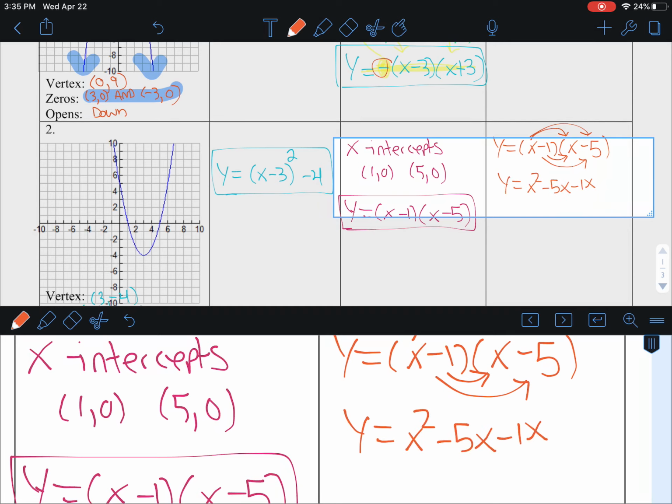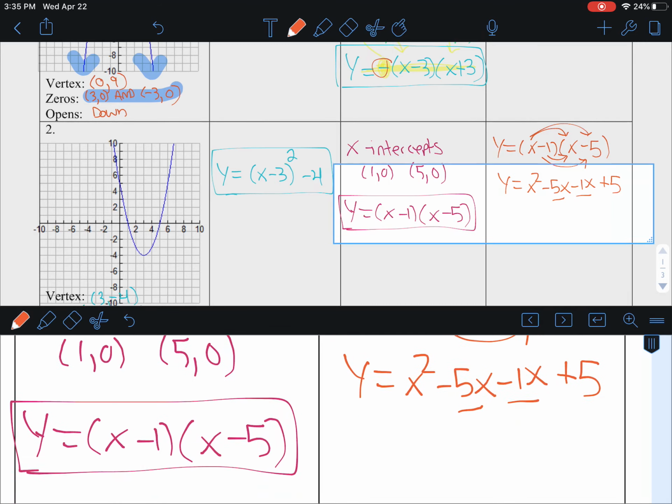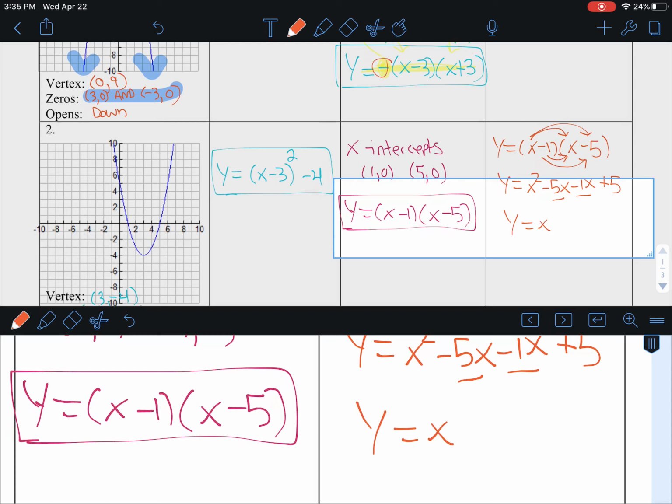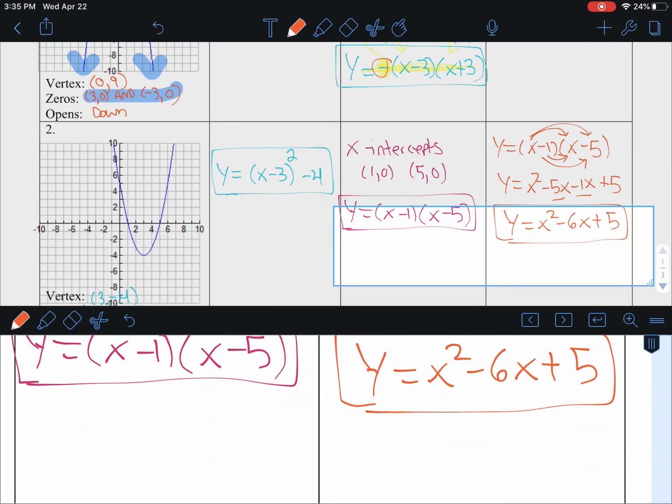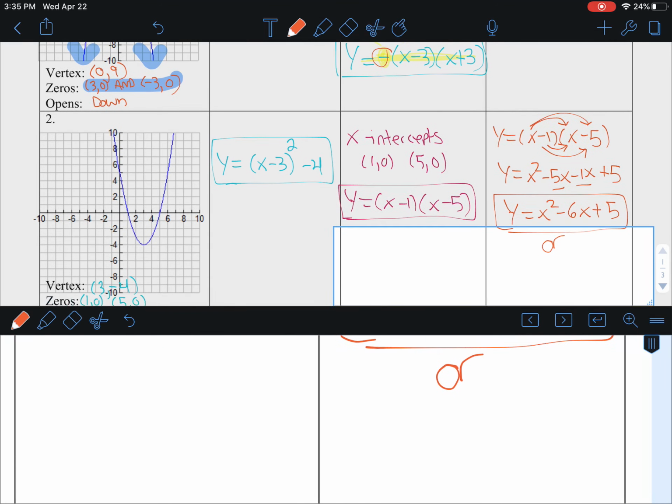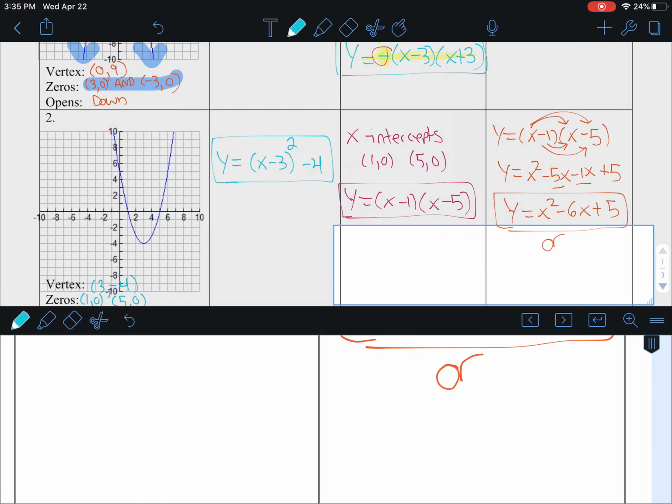So x squared minus 5x minus 1x plus 5. And then I combine like terms in the middle. So it'd be y equals x squared minus 6x plus 5. So again, that is standard form. You have to use your factored form answer in order to get to your standard form. Or you can look at your vertex form. Again, I don't care which way you do it, but you can also do it this way as well.